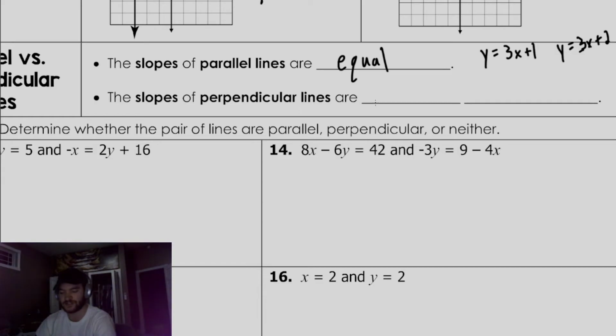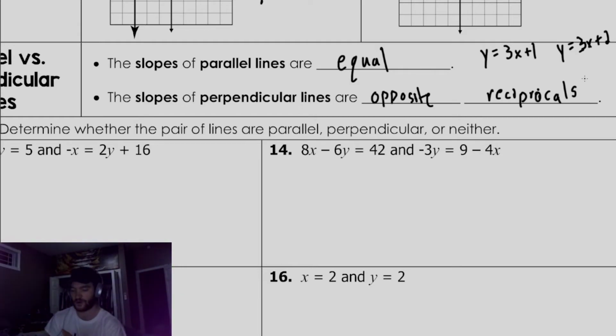Slopes of perpendicular lines are opposite reciprocals. I think it's probably an O here and an A here. Whatever, I'm not an English major, so it is what it is.